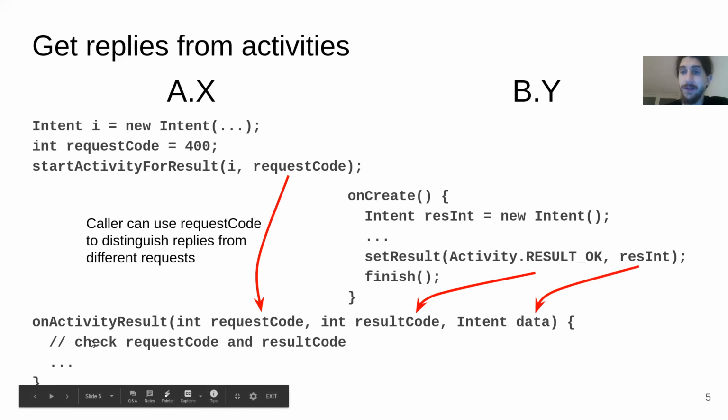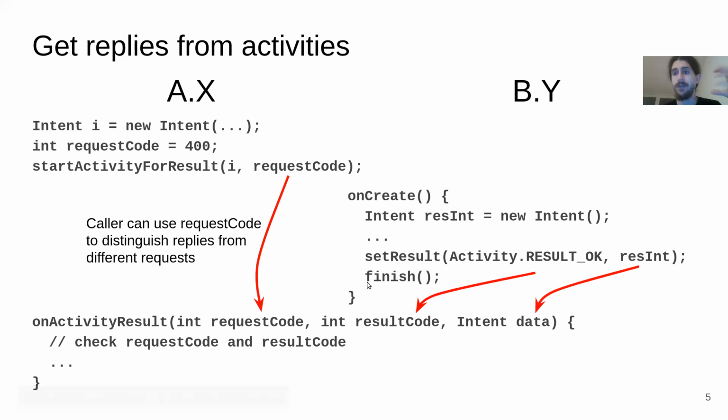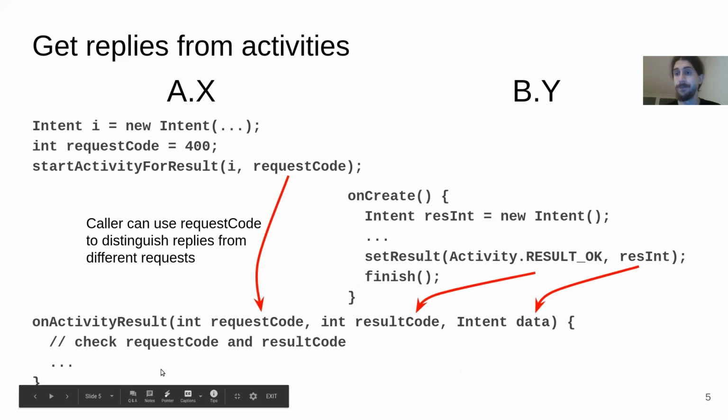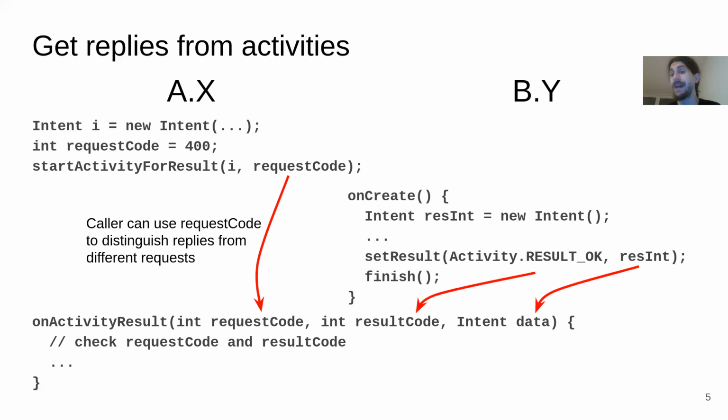Rephrasing what I'm saying, if you focus on activity X, the part on the left, in your onCreate or whatever method you want, you start an activity using the startActivityForResult method. And then in activity X, you also need to implement this callback onActivityResult. onActivityResult is a method that the framework is going to invoke whenever the target activity replies to you with an answer, with the result.